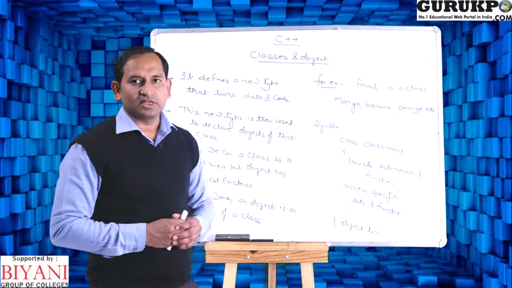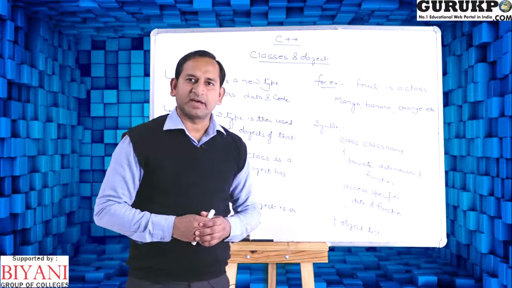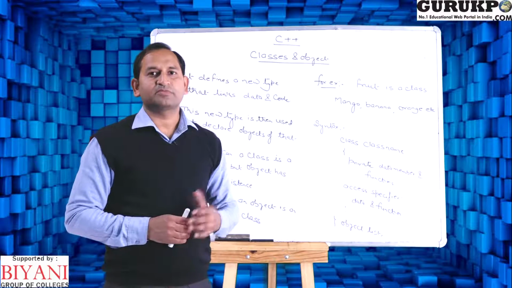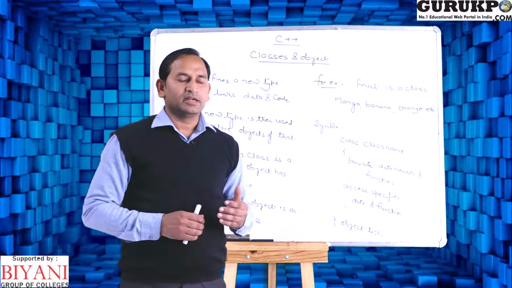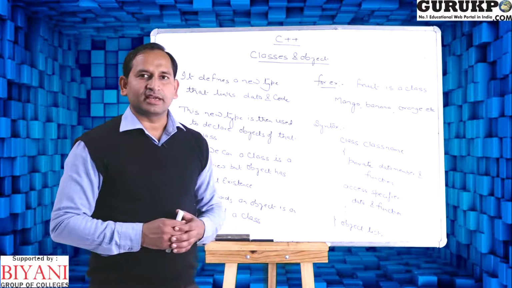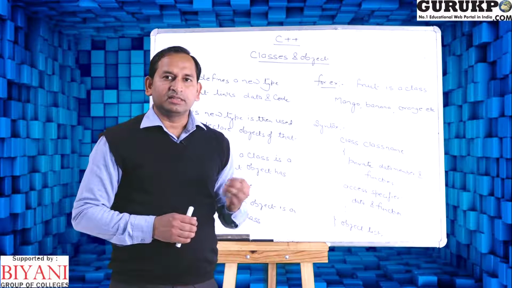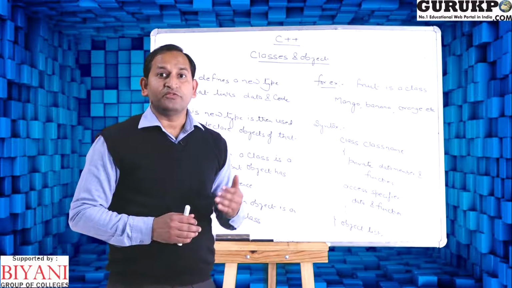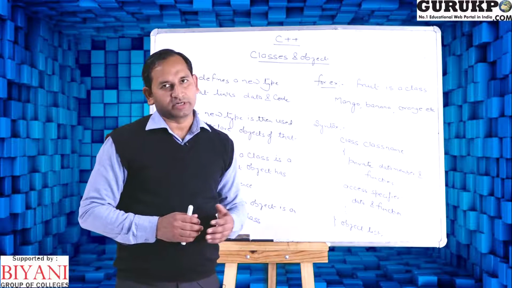In C++, we have three types of access specifier: private, public and protected. First we discuss private. If we declare data members and member functions in a class as private, then they can be used only inside the class. That is, we cannot use these members outside the class.